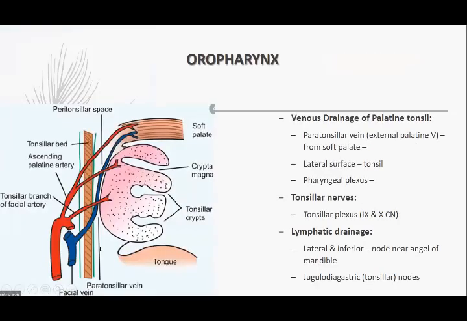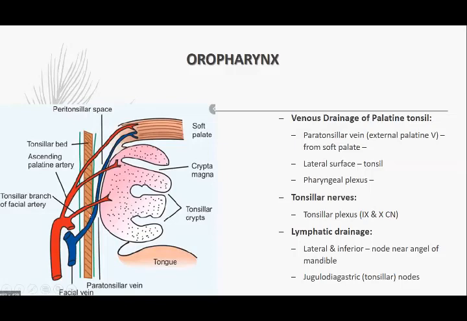Okay, venous drainage. In the bed of the tonsil, outside the capsule of the tonsil, you have this vein running between the tonsil and the pharyngobasilar fascia. This vein is the paratonsillar vein. This is also called the external palatine vein. This starts from the soft palate, runs on the lateral wall or bed of the tonsil, and drains into the pharyngeal plexus.